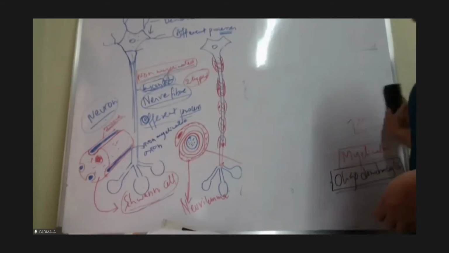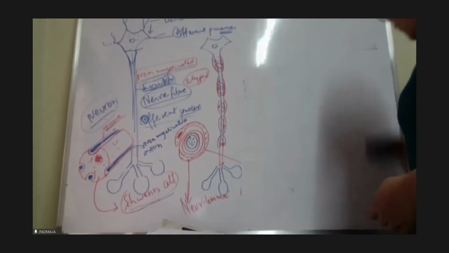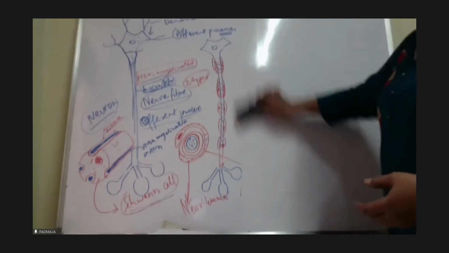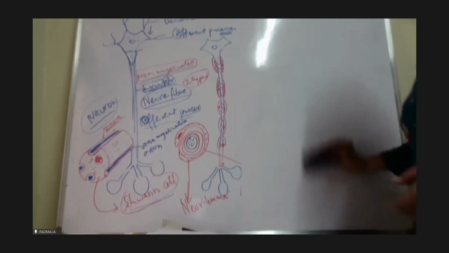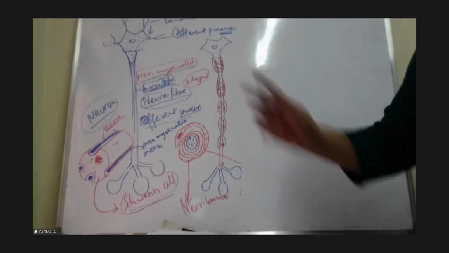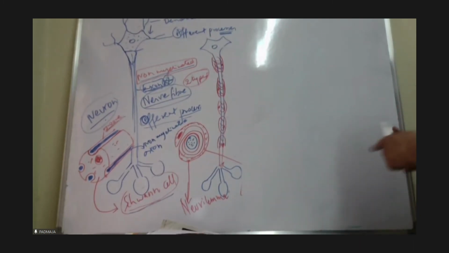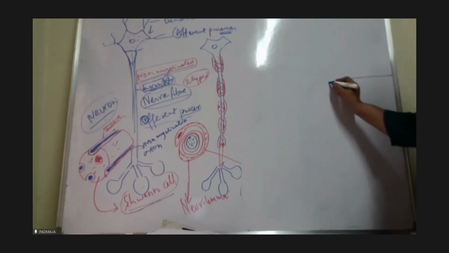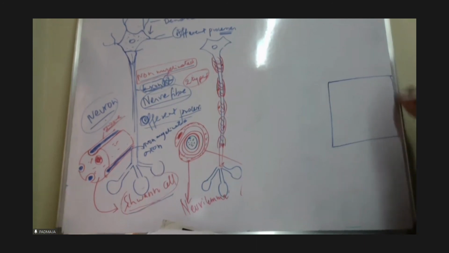Yes, it's a very important concept. Careful, it is important. Anyhow, I'll post the diagram, but just go through it. Here I'm taking the central nervous system, meaning the brain and the spinal cord.